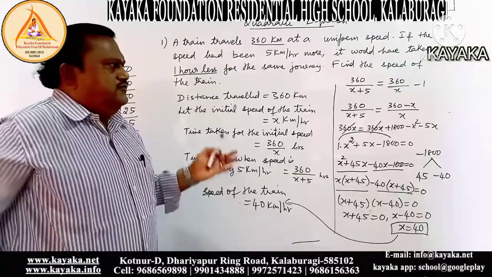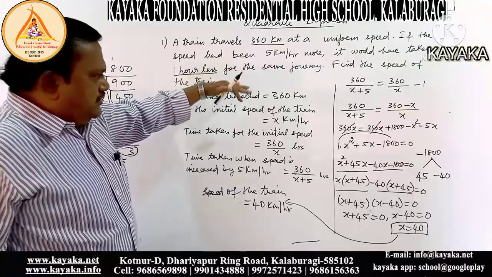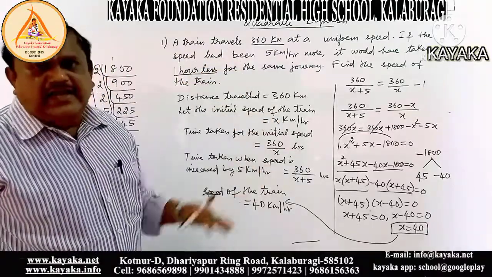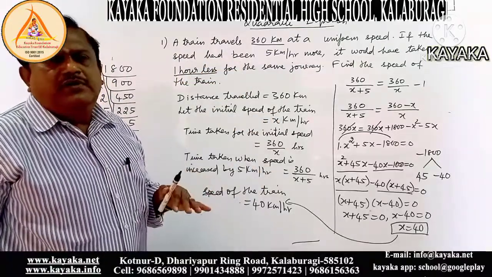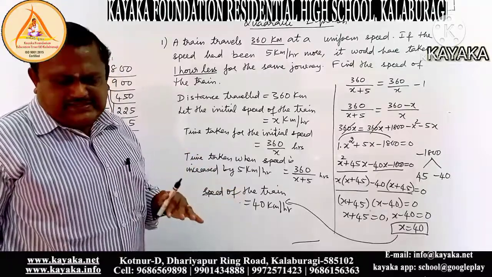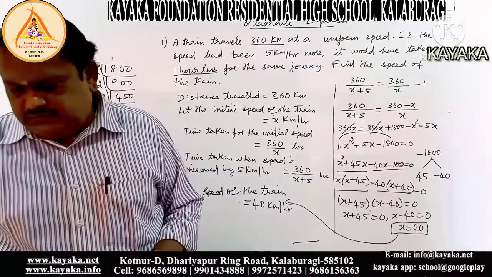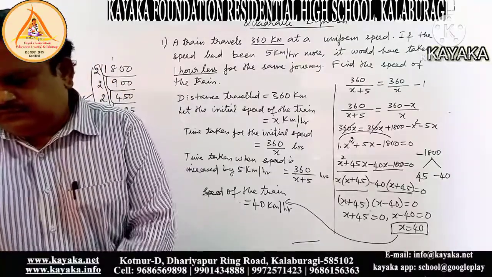That is the answer. Therefore, starting from a train travels, all these steps you can write it neatly in a separate notebook and you can study nicely and you can try to get full 3 marks in the board exam. Okay, dear children. Okay, then we'll go to the next problem now.